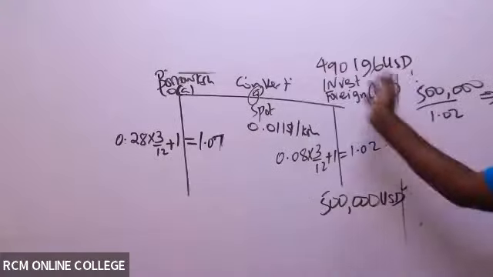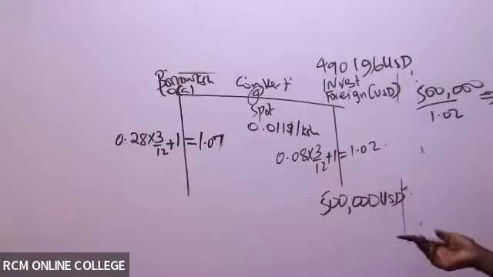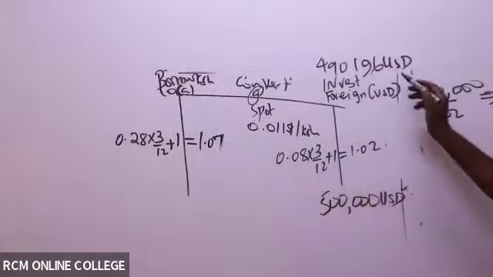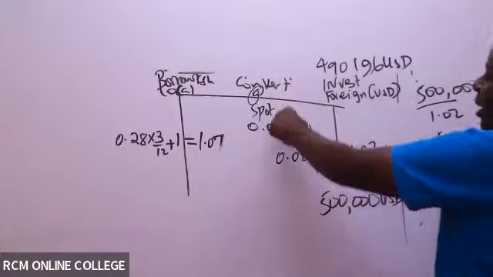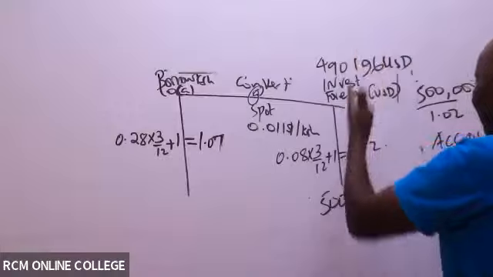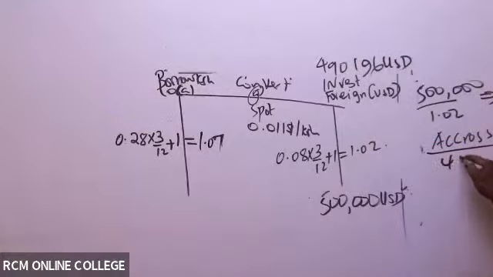Now from there, across, we are using the exchange rate. These are dollars, divide. So 490,196 divided by 0.011.